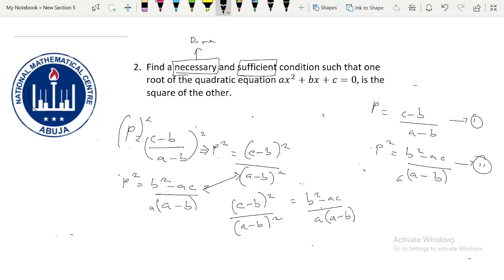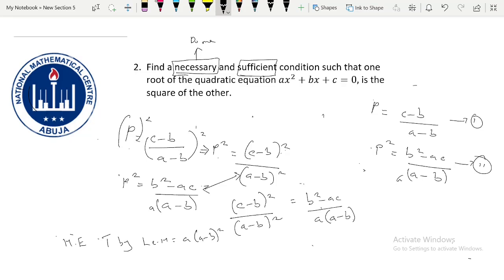So let's clear fractions, like multiply through by the LCM. So the LCM is a into (a minus b) squared. So multiply through by the LCM, that means multiply each term by the LCM.